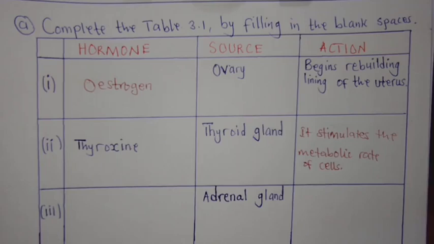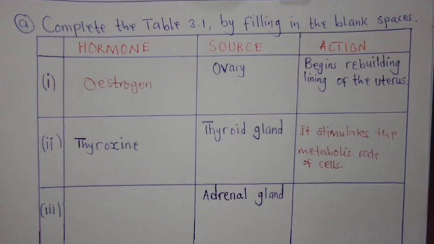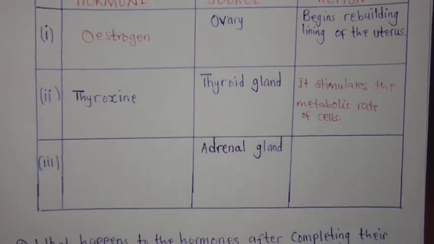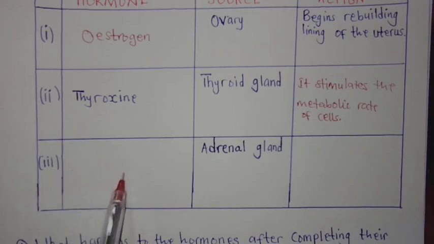Now we come to Roman numeral 3, which is down here. In the hormone we have nothing. Then we've got the adrenal gland. So they want us to find the hormone and the function of the hormone that is produced by the adrenal gland.